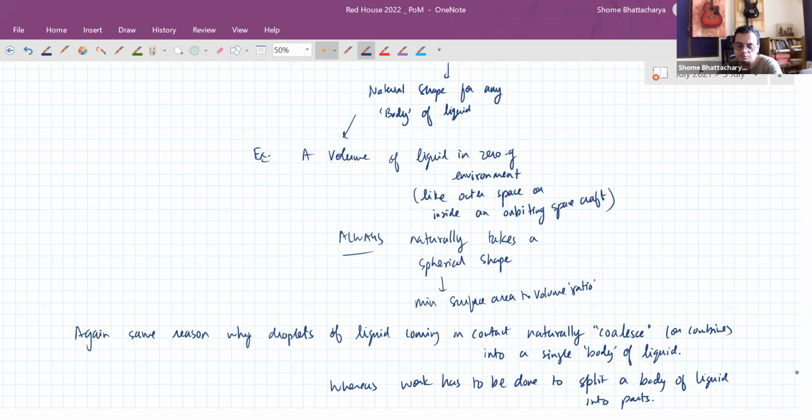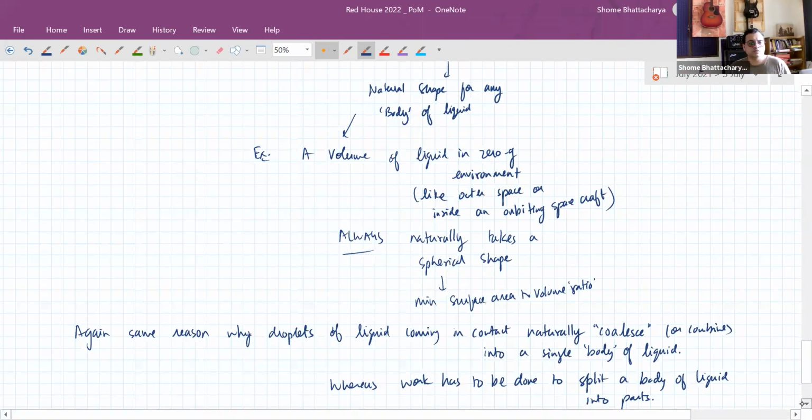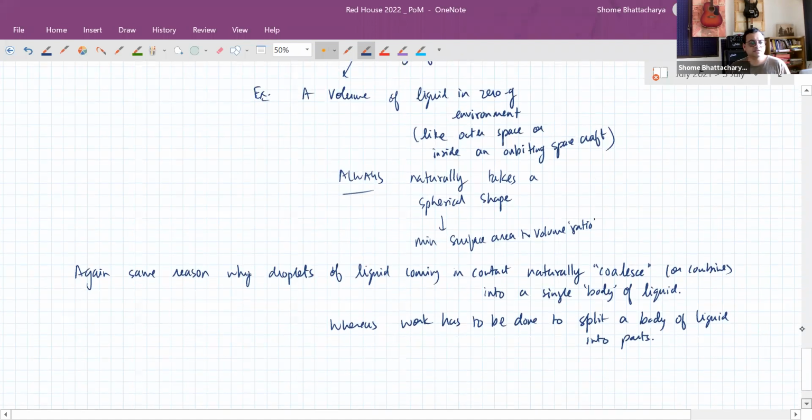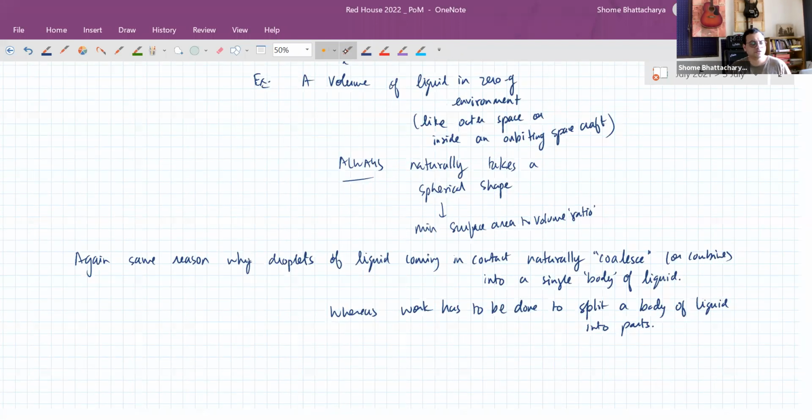So a very common type of question based on this is doing this kind of energy calculation, that I want to split a single body of liquid into smaller discrete parts. Certain amount of work has to be done. Okay, so let's look at an example like that.